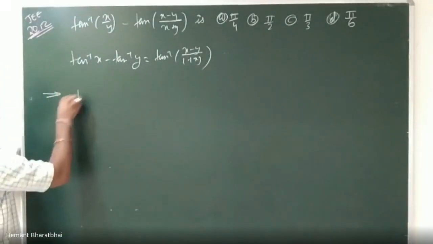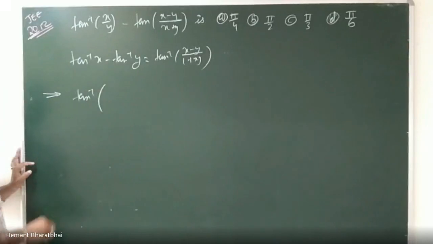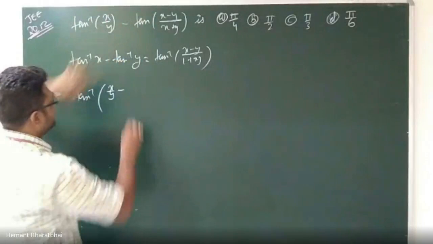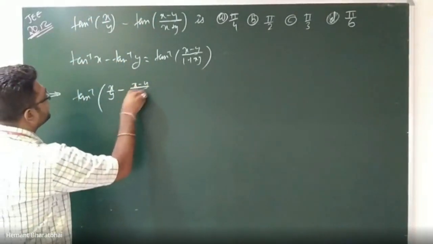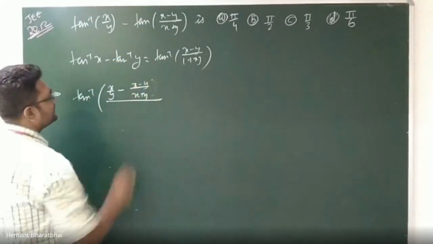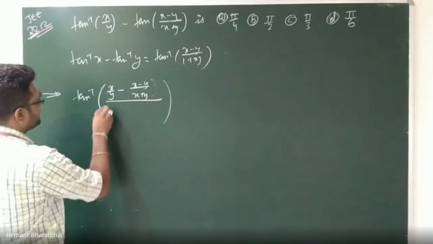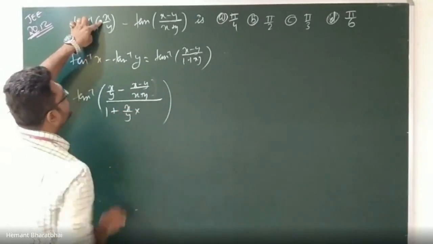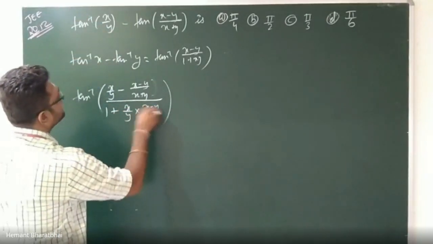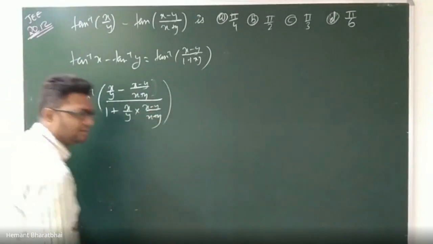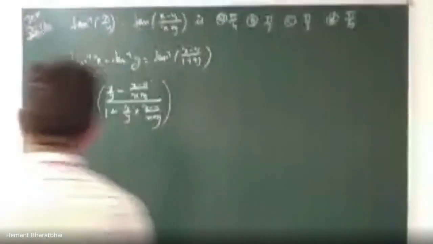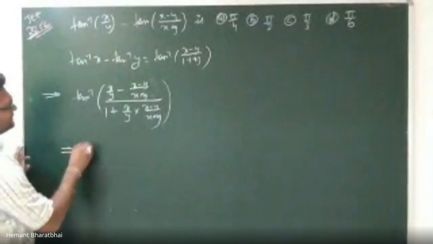So this gives tan inverse of (x by y minus (x minus y) upon (x plus y)), the whole upon 1 plus (x by y) into (x minus y) upon (x plus y). Just simplify it, you will get the answer.